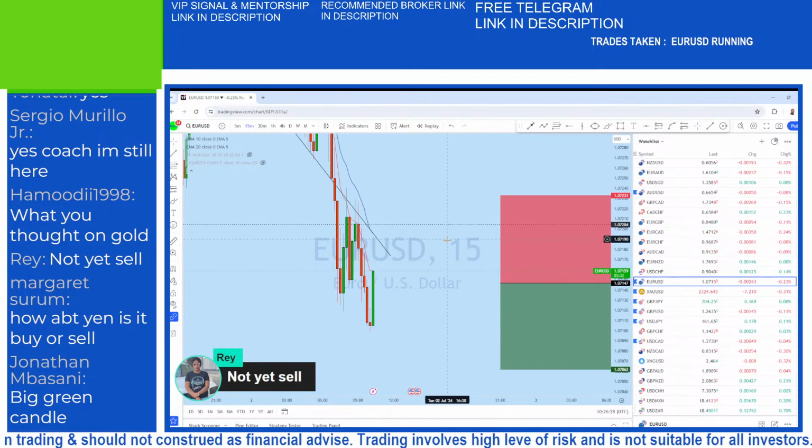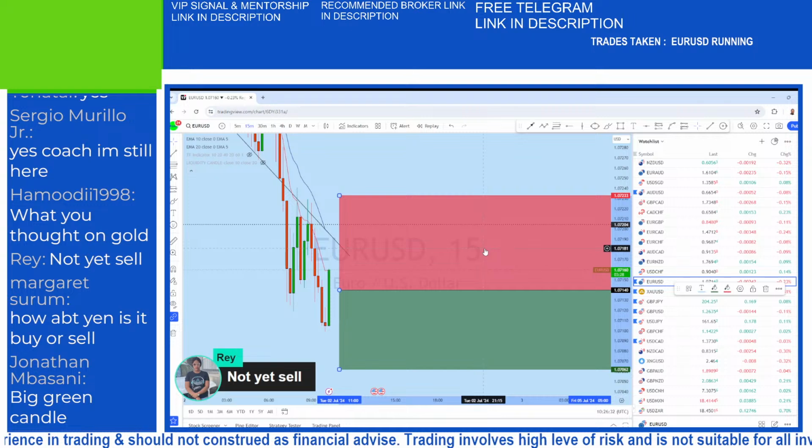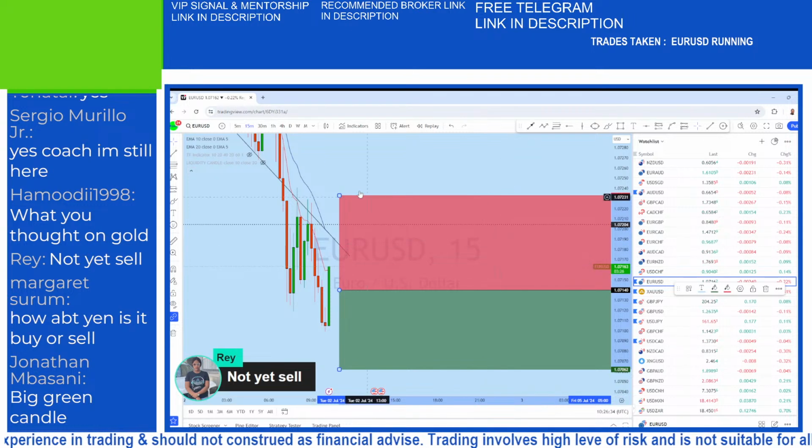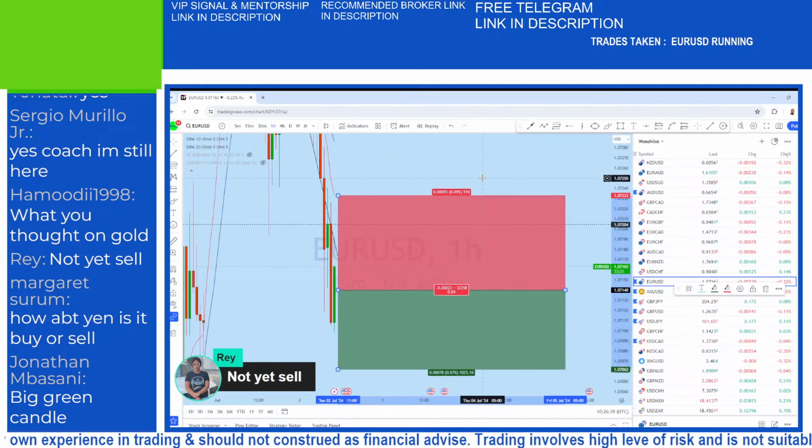It's trying to bounce again, which I didn't expect it to drop in that direction.